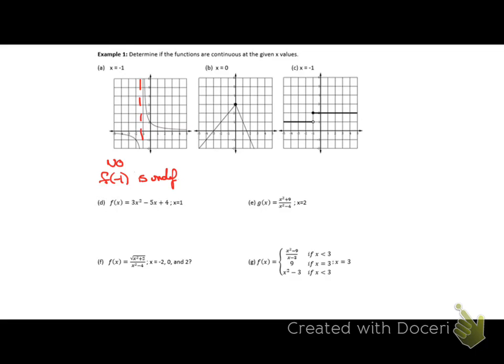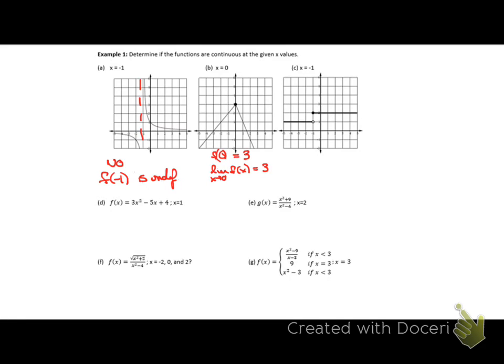So let's look at part B. We're worried about what's happening when x equals 0. So f of 0 is 3. Okay, that's not too bad, right? That's a closed point. Does the limit exist? The limit as x approaches 0 of f of x is also 3.